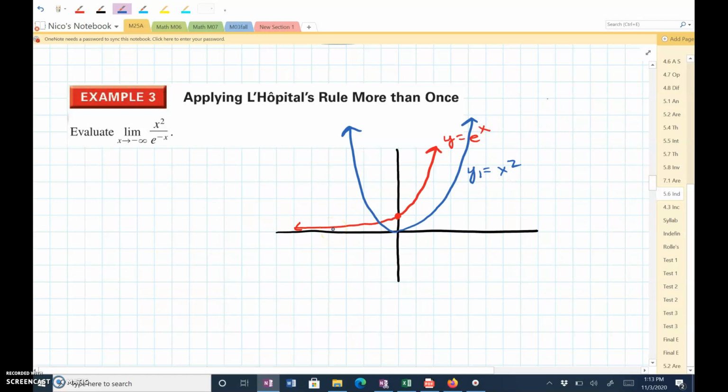As x goes to negative infinity, x squared would go towards positive infinity.